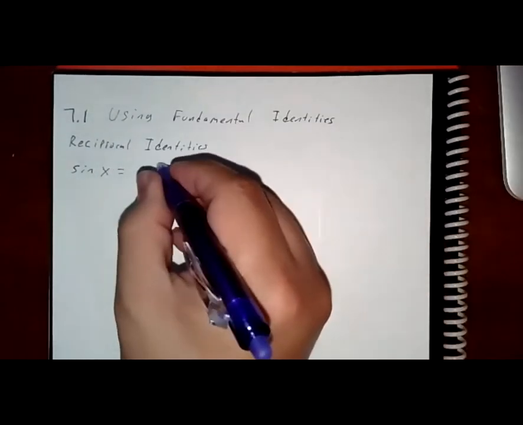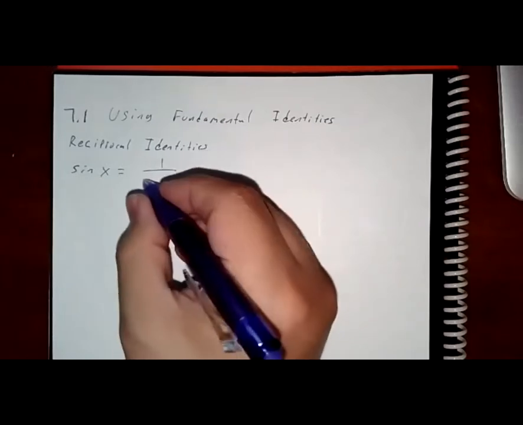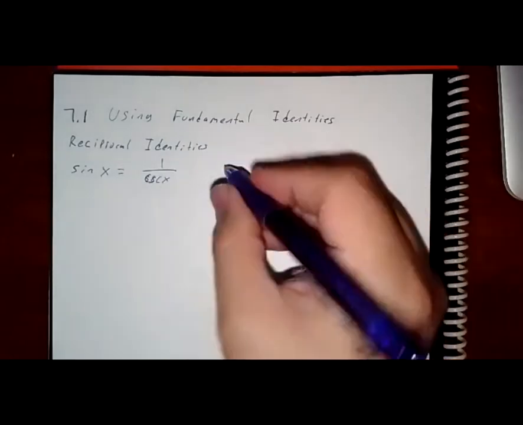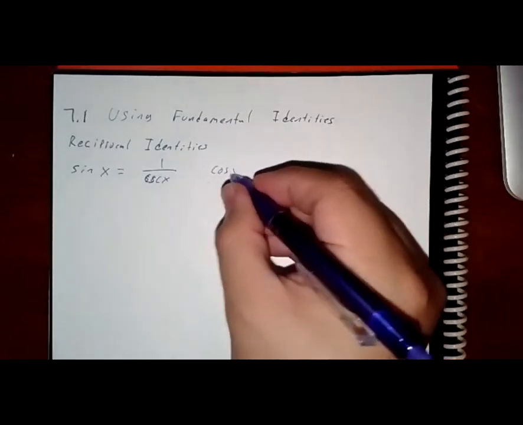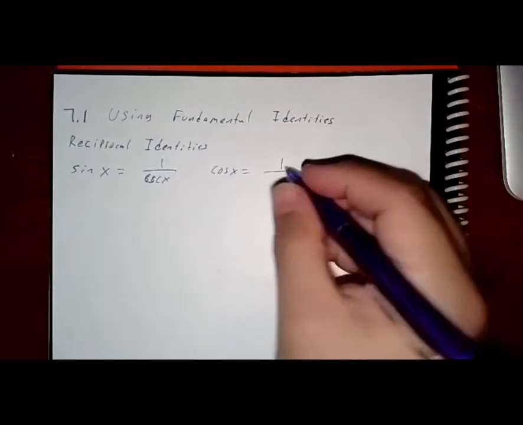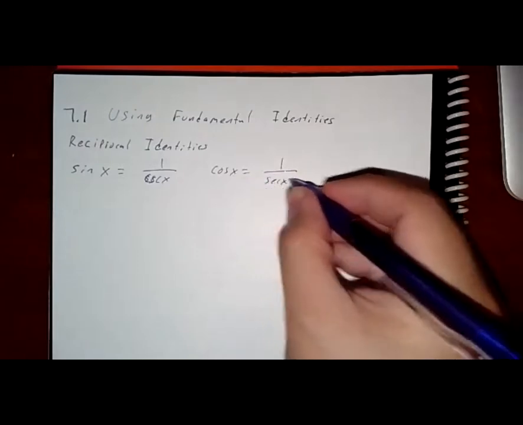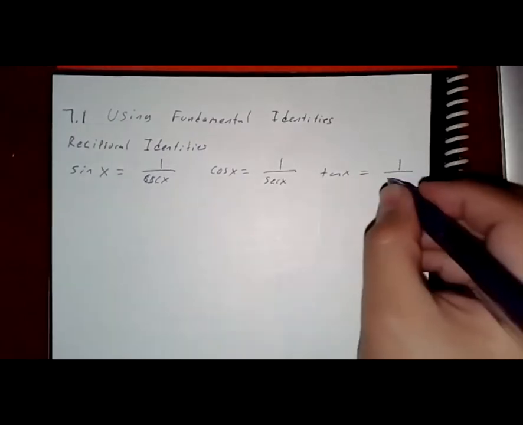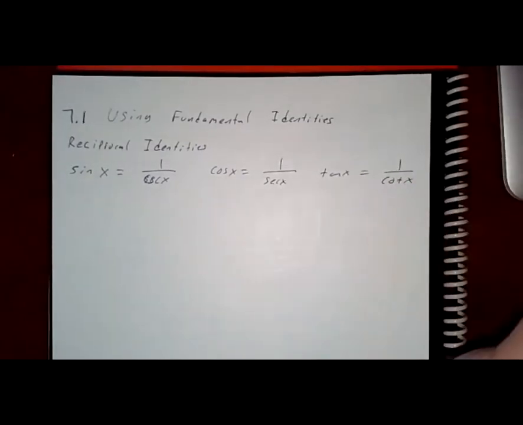Sine x is equal to 1 over cosecant x. We're familiar with this. Cosine x is equal to 1 over secant x. Tangent x is equal to 1 over cotan x.